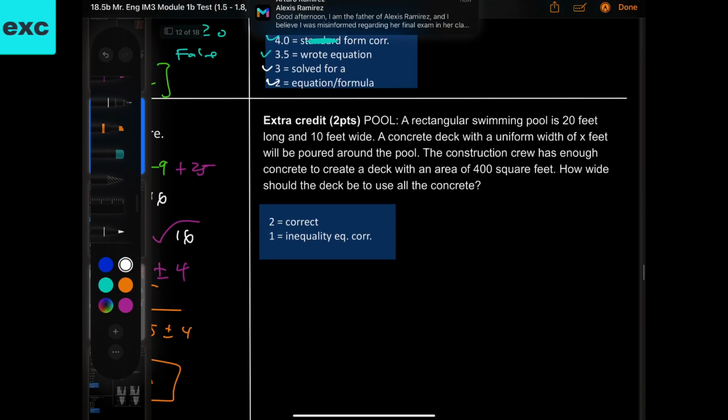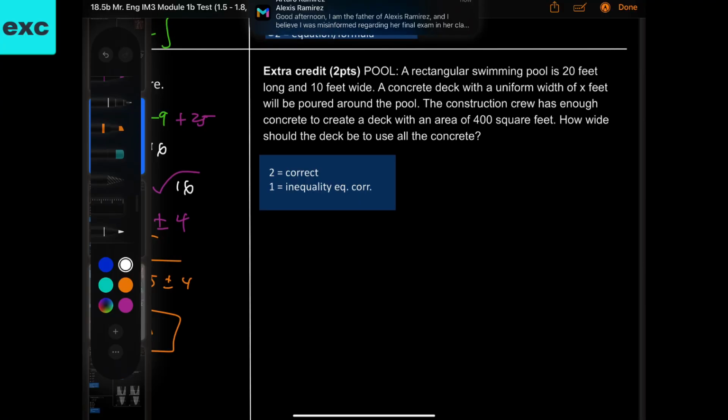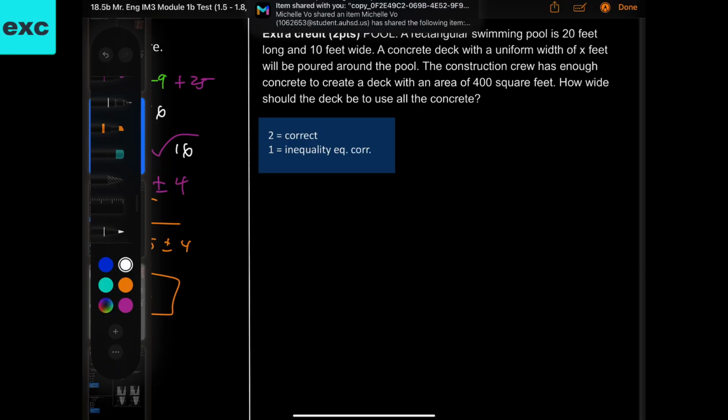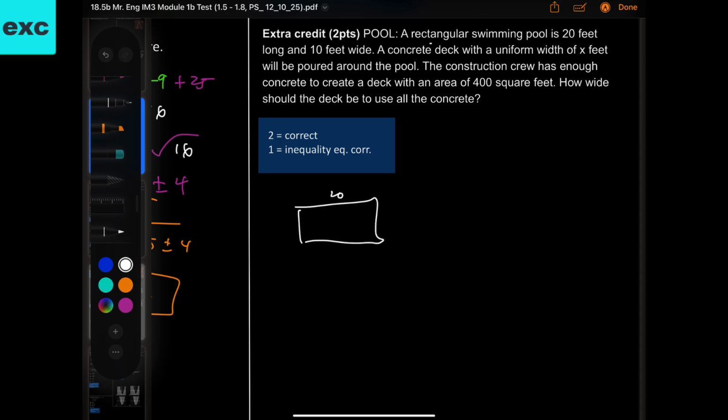Okay. This one was hard because it was from the practice test. Okay, a rectangular pool is 20 by 10. Okay, and a concrete deck with a uniform width of x was poured, here's a key word, around the pool. Around it. The construction crew has enough concrete for a deck with an area of 400 square feet. So around is this purple stuff.